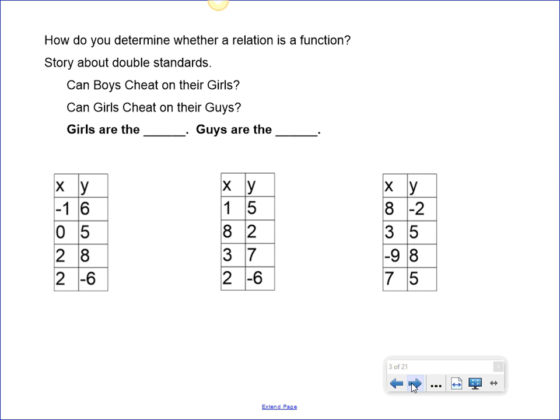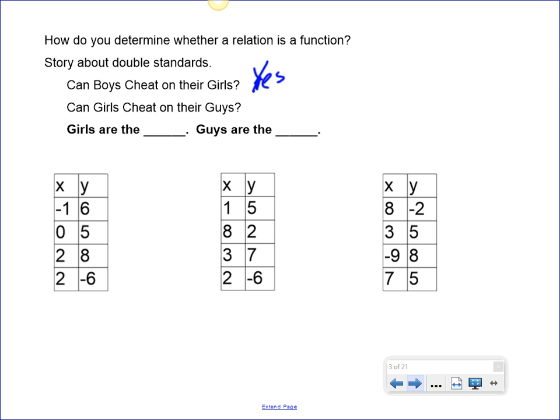If a boy is in a relationship with a girl and he decides to cheat on his girlfriend, his buddies would be all excited because that boy is a player. He's working it. So, can boys cheat on their girls? The answer in our society, as the double standard, oftentimes is yes.